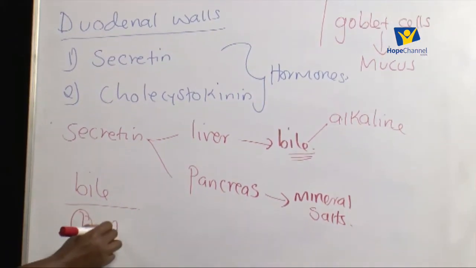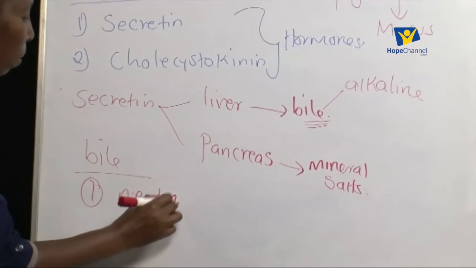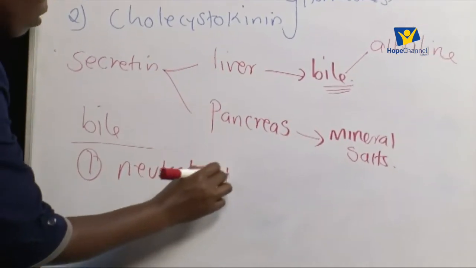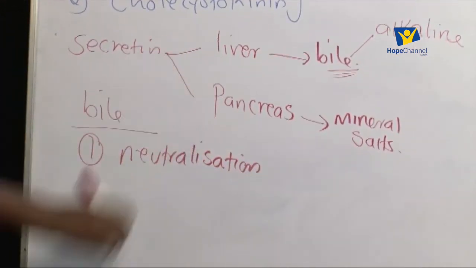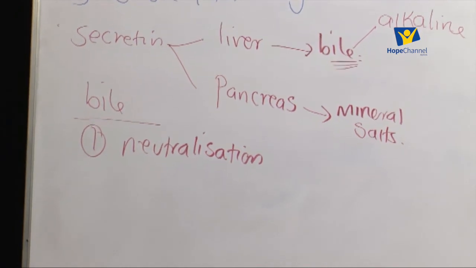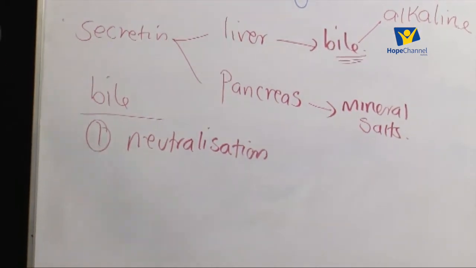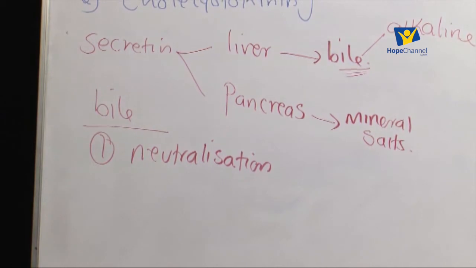So the first function of the bile salts, number one, is neutralization. They neutralize the acidic chyme, so that the enzymes that are going to work in the duodenum get an alkaline environment for them to function well.